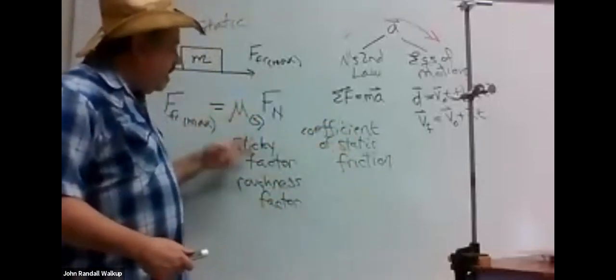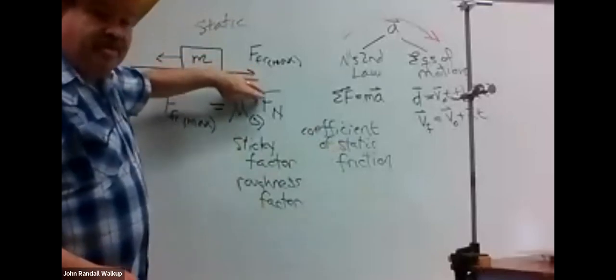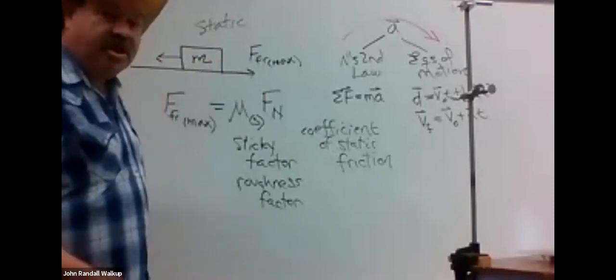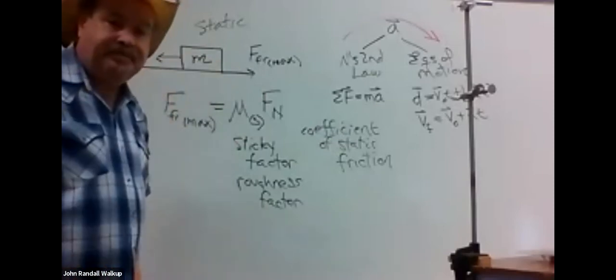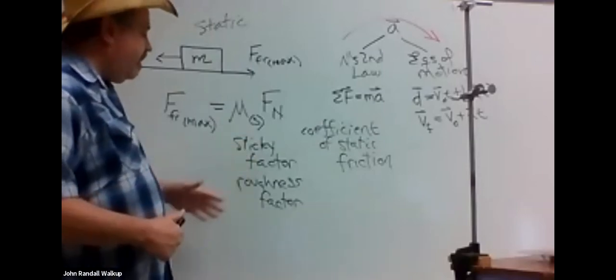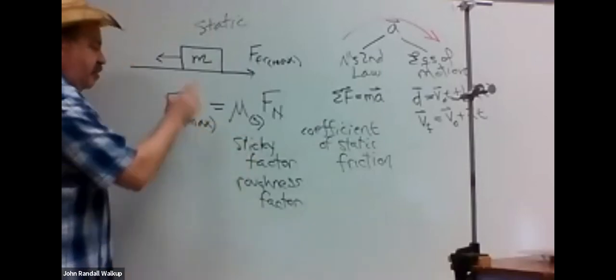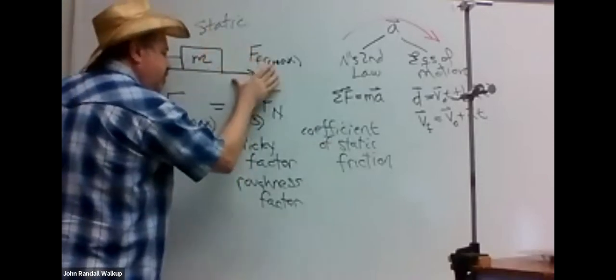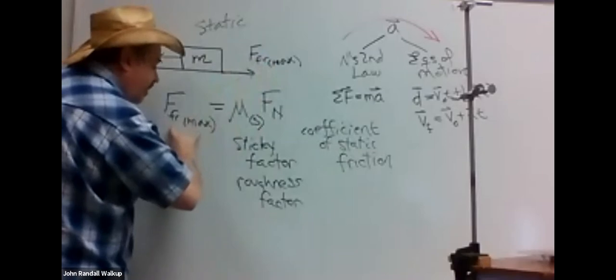So you always have to have two surfaces combined. It's the coefficient of static friction between these two surfaces. And of course, this is going to be the maximum value, but the friction amount can be any number below this.